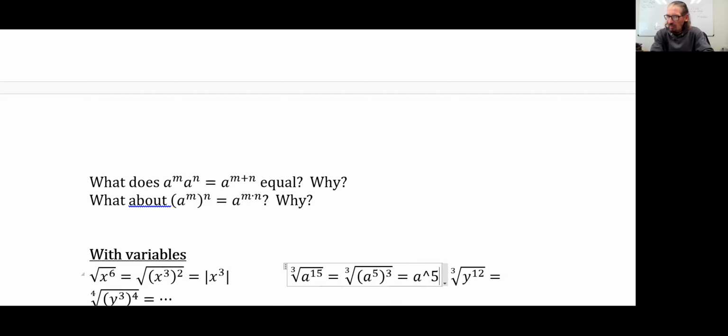No absolute value needed. With cube root of y to the 12th, I would write 12 as 4 times 3 or 3 times 4, one of the two. Let's give that a little more space then.